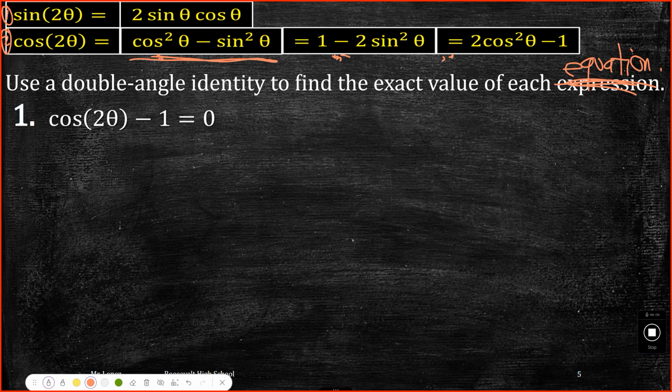I prefer sine, but for this particular one, I'm going to use cosine. So 2 cosine squared theta minus 1 is equal to cosine 2 theta. I'm going to plug that in over there: 2 cosine squared theta minus 1 minus 1 equal to 0.